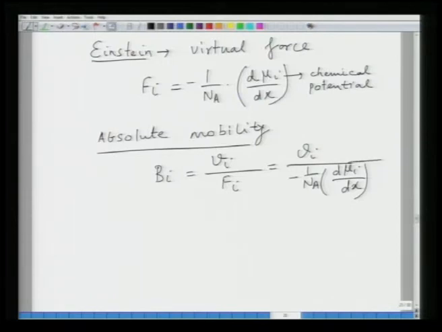Okay. So, the absolute mobility which we defined in the previous slide was basically the same thing. Now what we have to do is find a relation between this mobility and the diffusivity, in order to create a formalism.